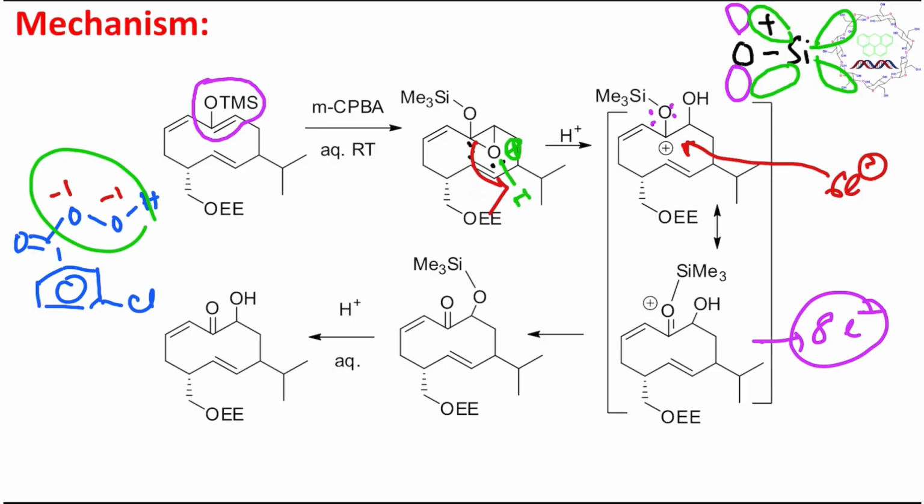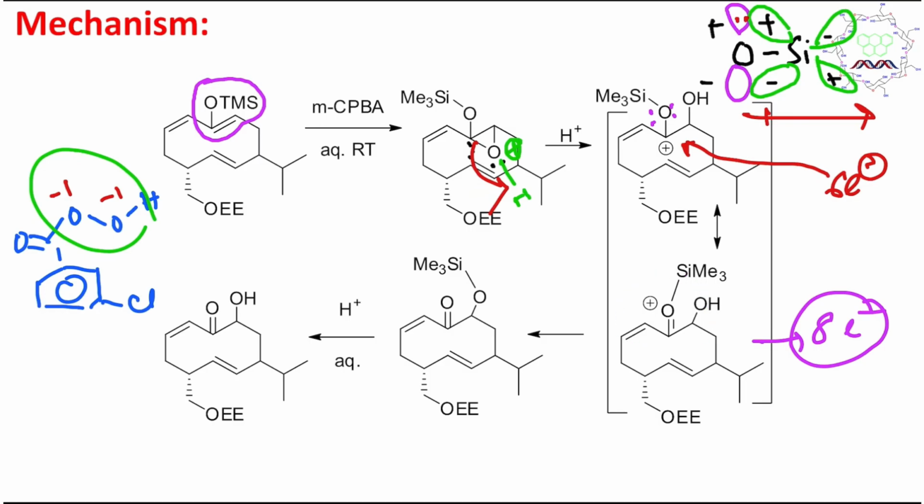I repeat, energetically accessible vacant d orbital of silicon. So this lone pair of electrons could be donated to silicon, and in this way the oxygen-silicon single bond is relatively stronger due to partial double bond character. This we understood.